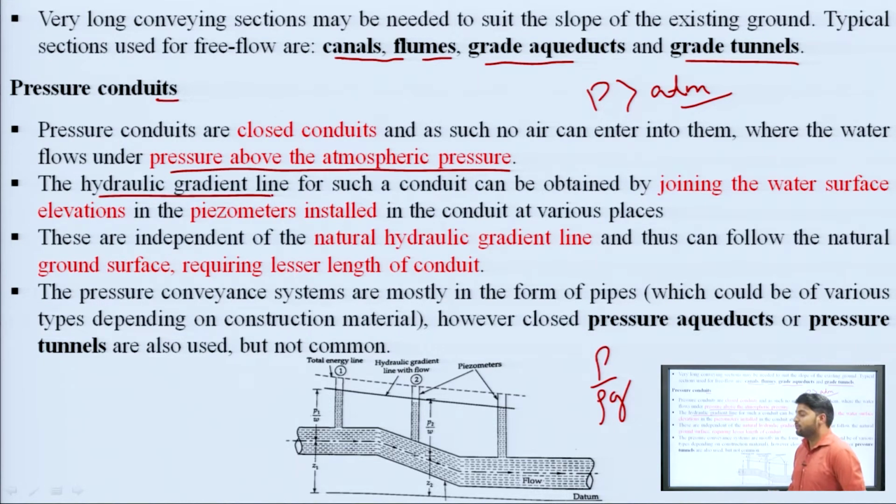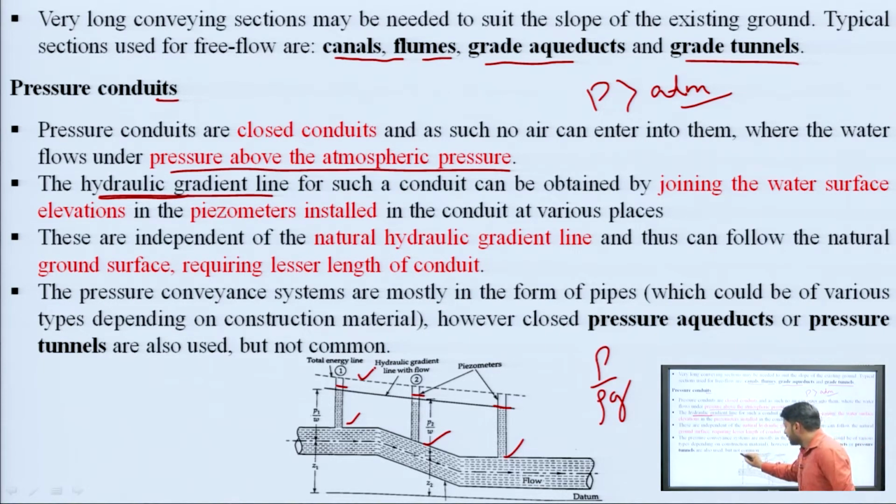In order to get the hydraulic gradient line, piezometers are installed in a pipe, and by joining the levels of water in the piezometers we get the hydraulic gradient line. And to get the total energy line, what we will do? As we are already aware, in the hydraulic gradient line datum head and pressure head are considered.